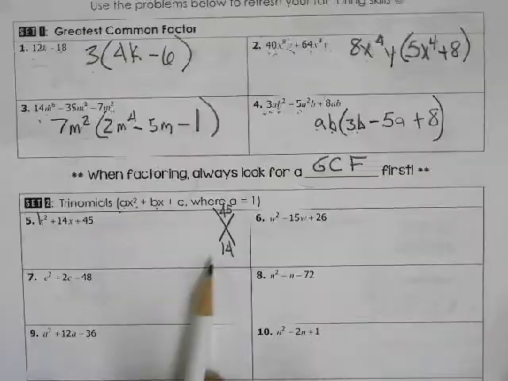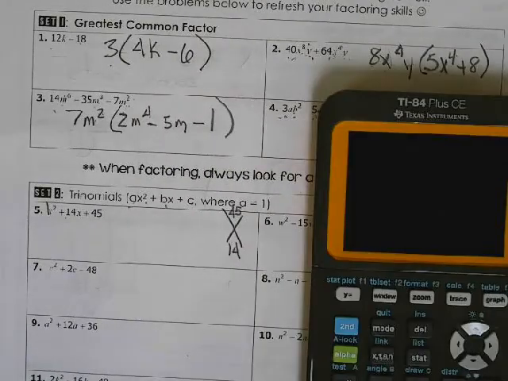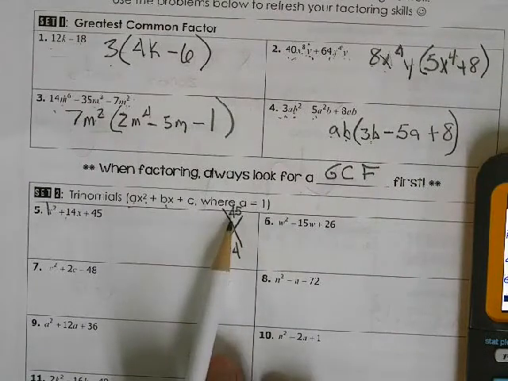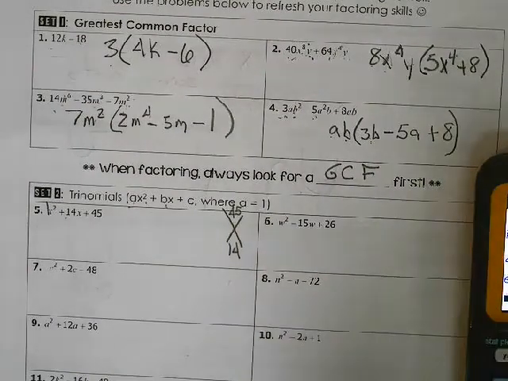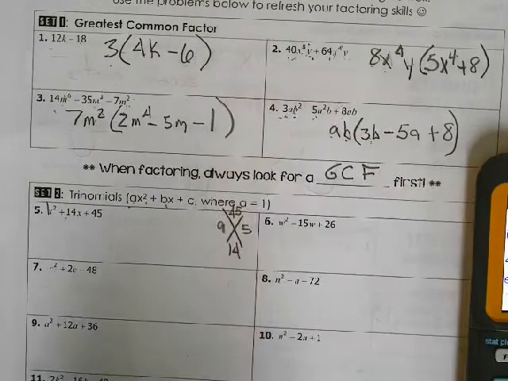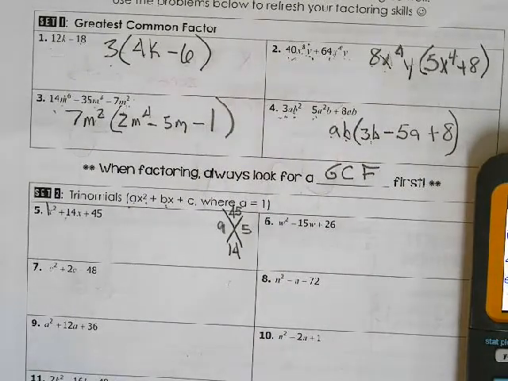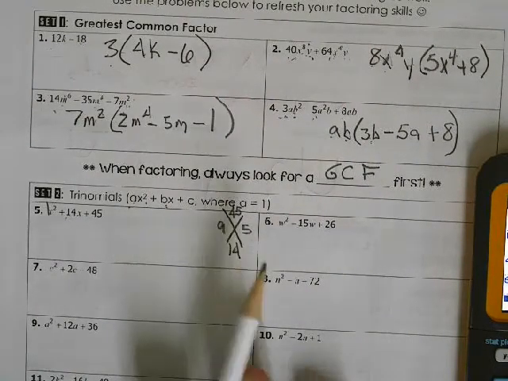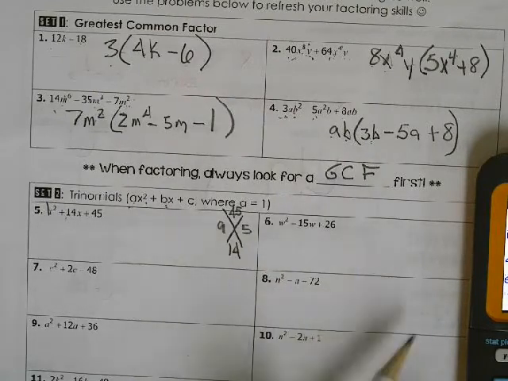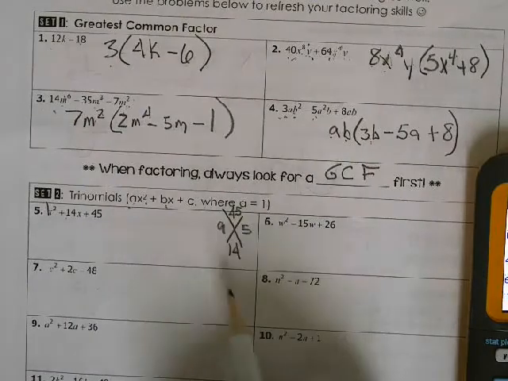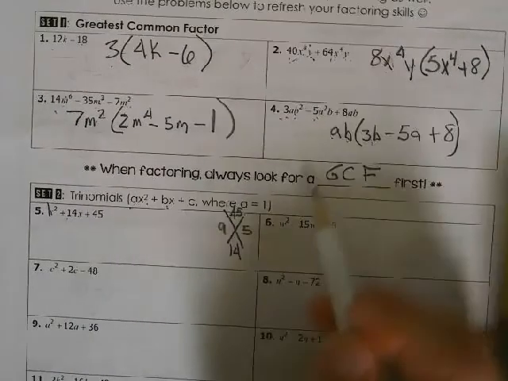Okay? If you're not good, use your calculator. Divide it by 9 and 5. So 9 and 5 do, in fact, add up to 14, right? But if you don't know what the values are, you can divide it by 2, by 3, by 4, by 5, by 6, until you get one that will do that. Another way to do it is you could just list all the factors of 45.